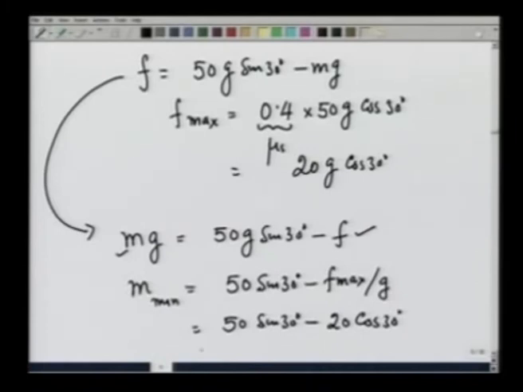By putting in the numbers, you get this equal to 25 minus 10 root 3, which is 25 minus 17.32 or 7.68 kgs. So, you see, because of the friction, I could have a much smaller value of small m, 7.68 kgs, and still the whole system would be in equilibrium.